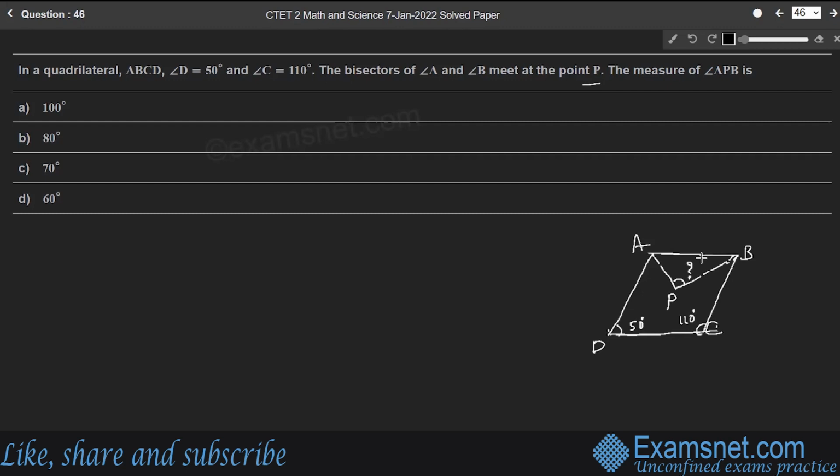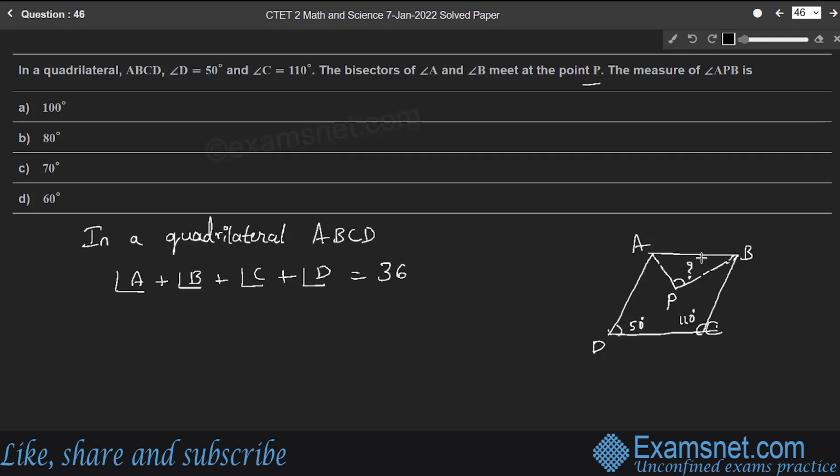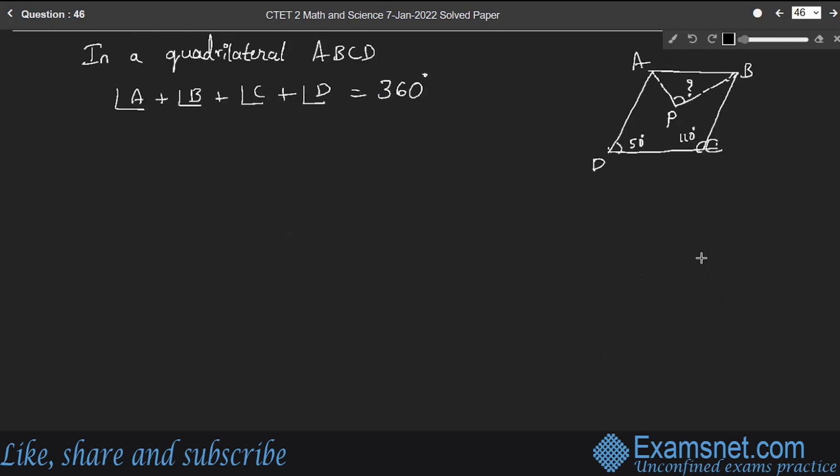So in a quadrilateral ABCD, angle A plus angle B plus angle C plus angle D is equal to 360 degrees, right? Sum of its interior angles.